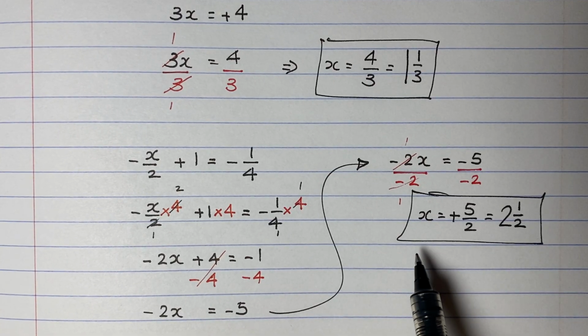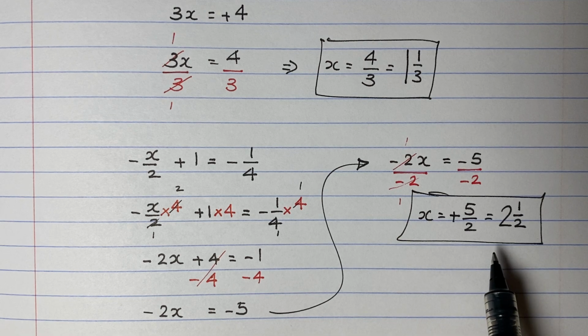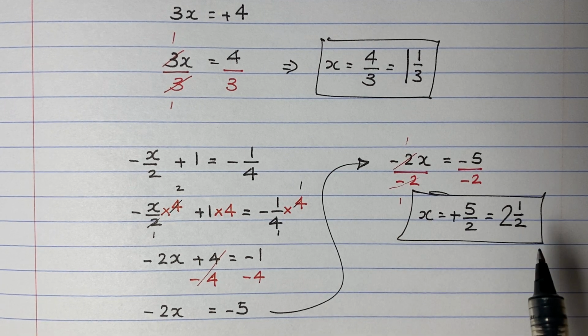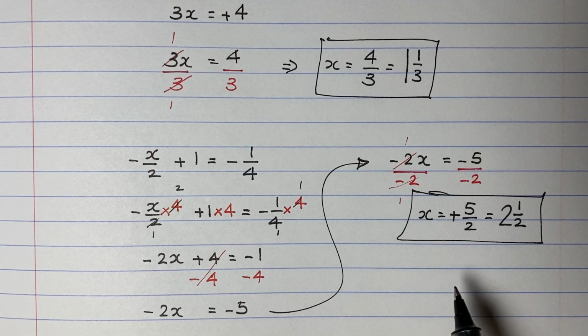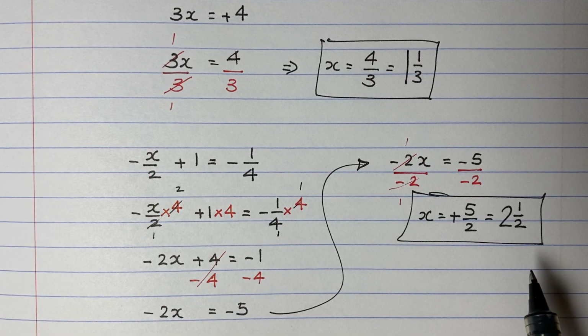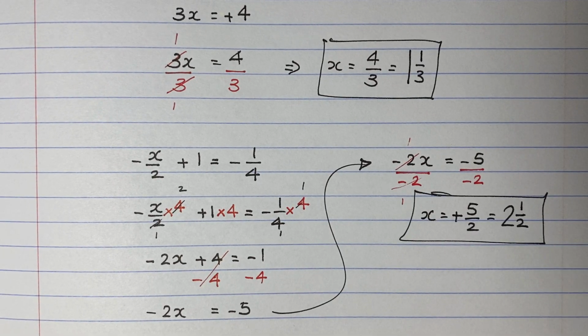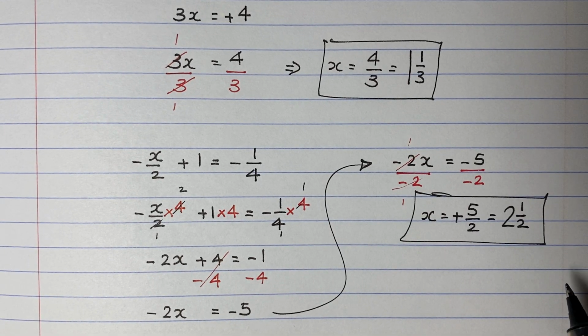Now we come to the end of this lesson. Solving simple equations, that's the name of the topic, simple, not necessarily means simple, is a long subject. So I need to do it in a few lessons.